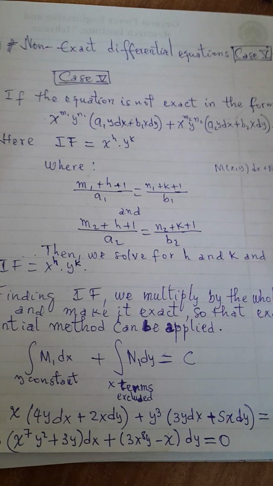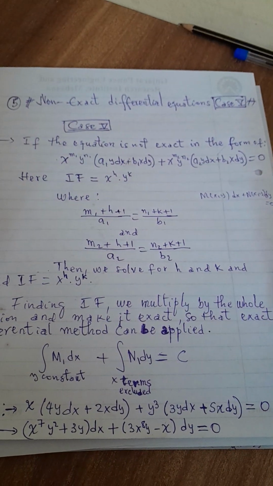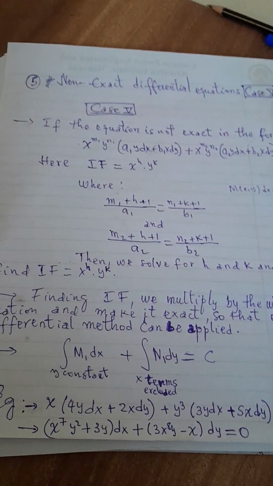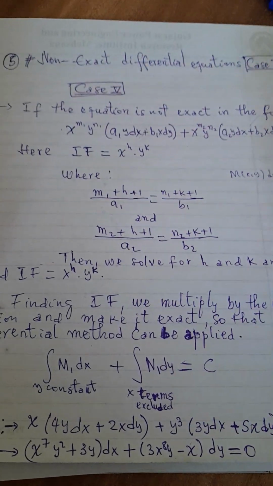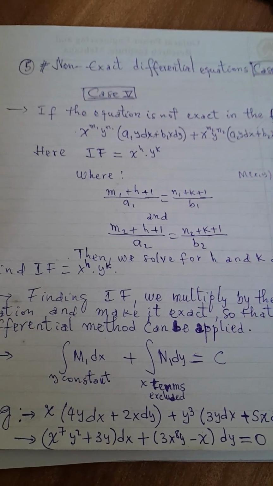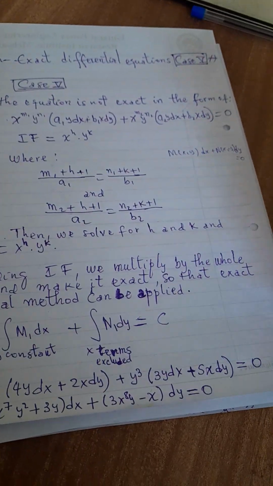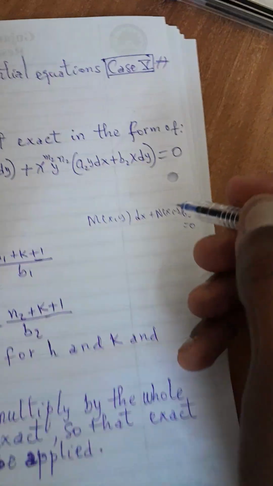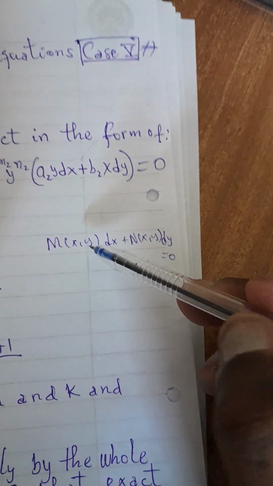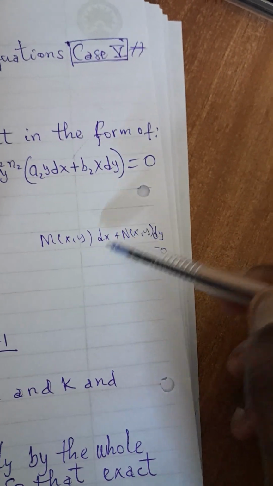So here we are for our last case of non-exact differential equation. As we know, a non-exact differential equation is an equation like this: M(x,y) dx plus N(x,y) dy equal to 0.